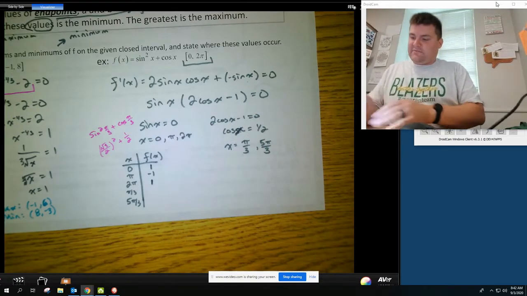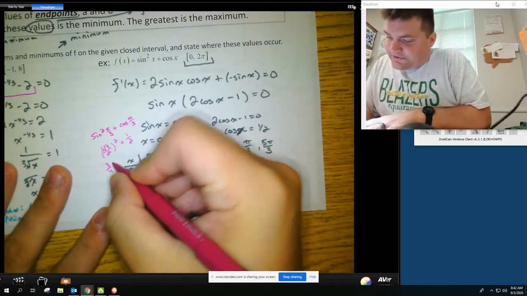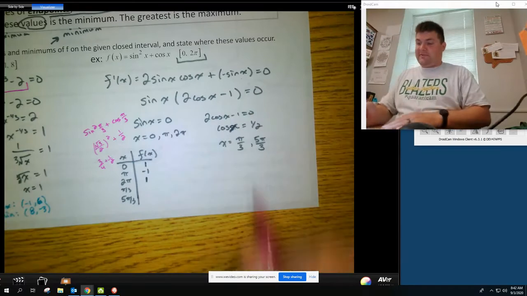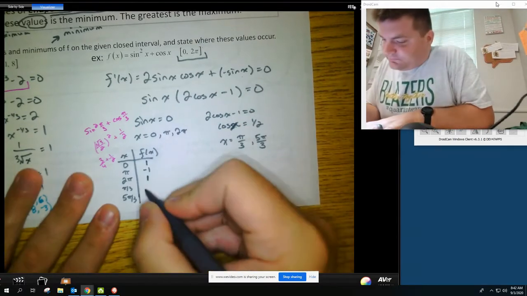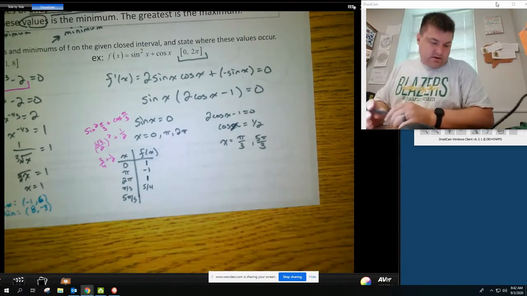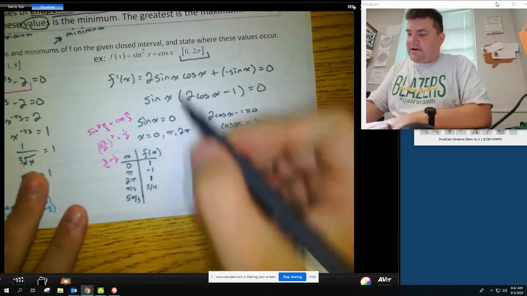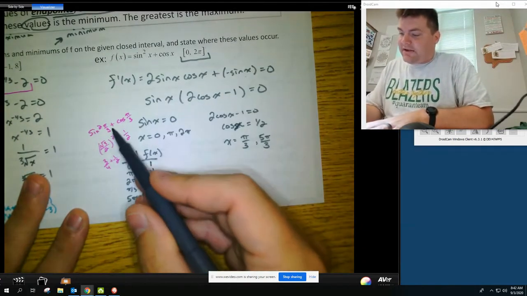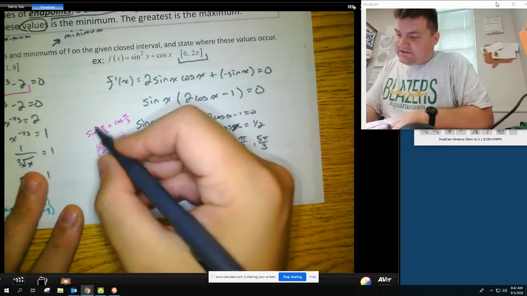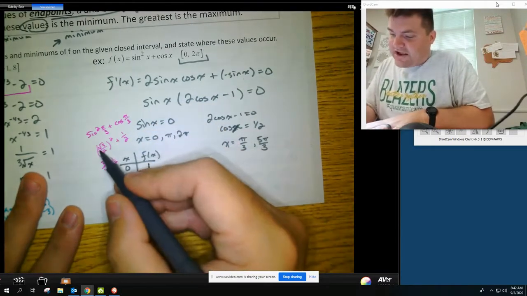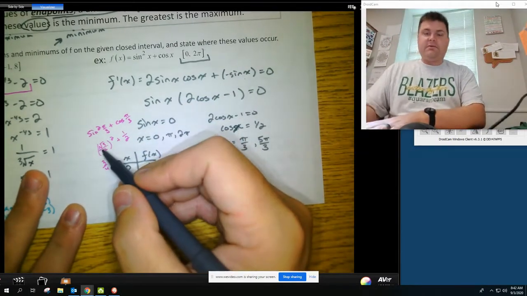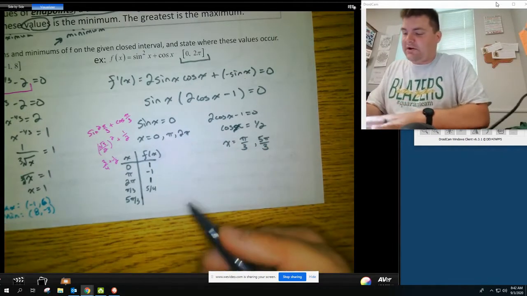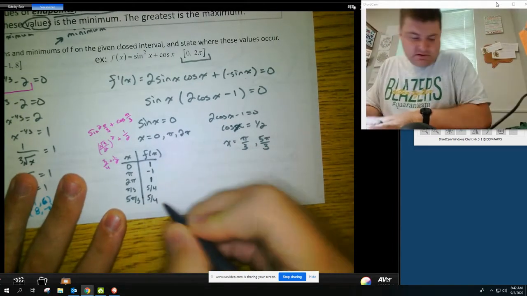So that's going to give me 3/4 plus 1/2, which is going to give me 5/4. All right, and then when you plug in 5 pi over 3, you're actually going to get the same thing. The reason is sine squared, because that would usually produce a negative root 3 over 2, but that's not going to matter because it's getting squared, so you're actually going to have this right here.